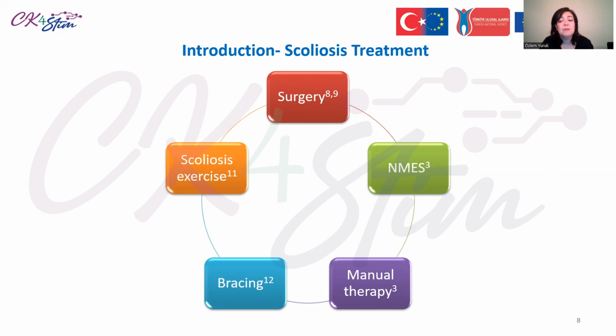A spinal brace may slow the progression rate of the curve, but it may also cause skin irritation, rashes, and decreased physical activity. It also adversely affects self-concept and body image. Neuromuscular electrical stimulation is a traditional method that is used in the treatment of scoliosis.